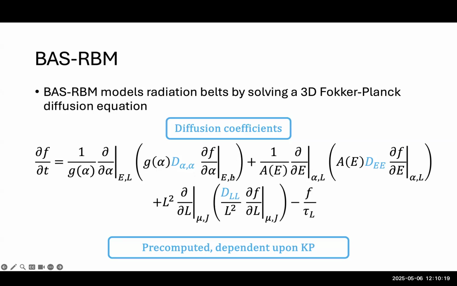I'm not sure about the DLL, but these diffusion coefficients each contain information on the physical processes that are happening and driving the diffusion in pitch angle, energy, and L star. And the ones that I'll be using are all purely dependent upon KP.